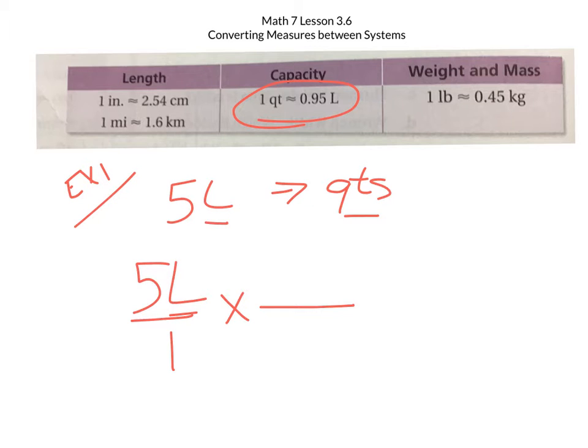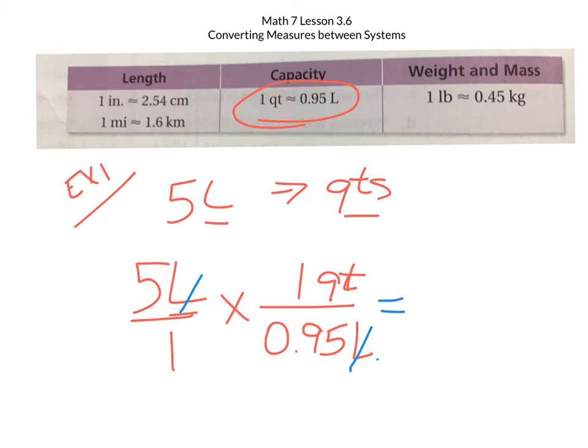So since the 5 liters is on top here, for the conversion factor, I'm going to put it on the bottom because you want it to be at the diagonal, and then this would be 1 quart on top. Why do I want to put it opposite like this? Do you guys know? Because I want to cancel out the label liters, and you can only do that if it's opposite as far as the fractions go.